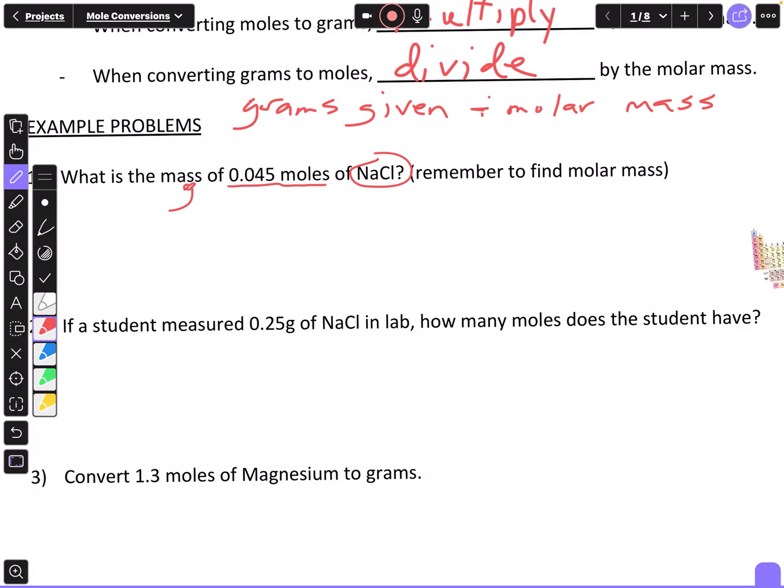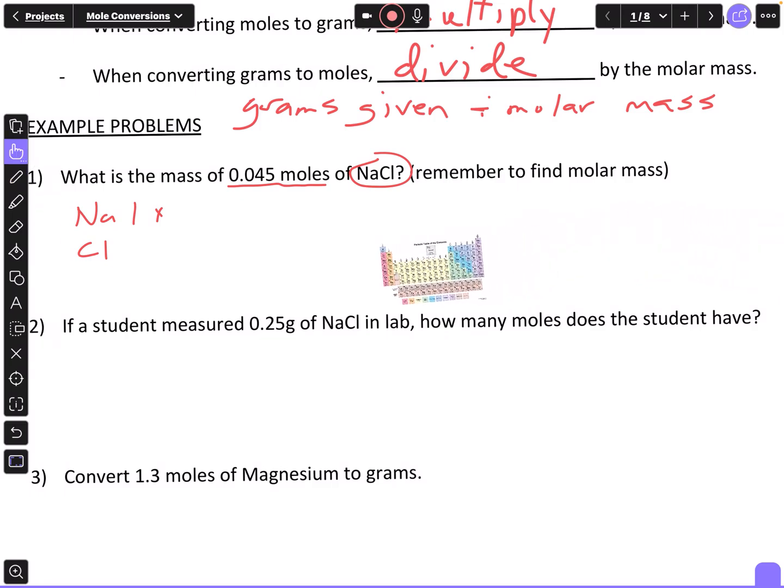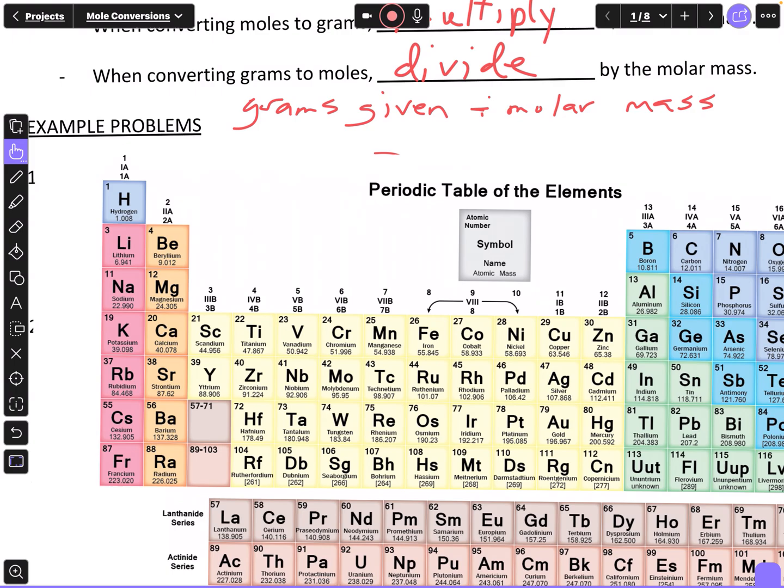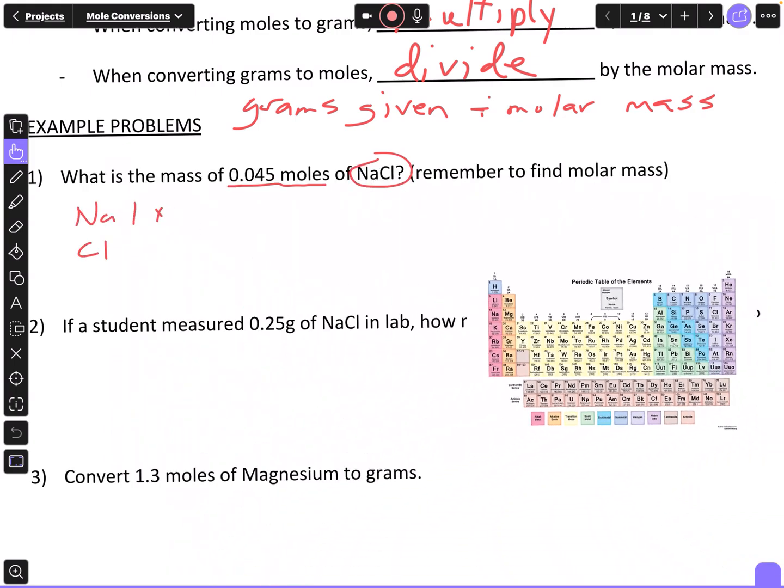So when I add that up, I have sodium chloride, I have Na, and I have Cl. I have one atom of Na times its atomic mass. And if I look up Na, sodium, it is 22.99.